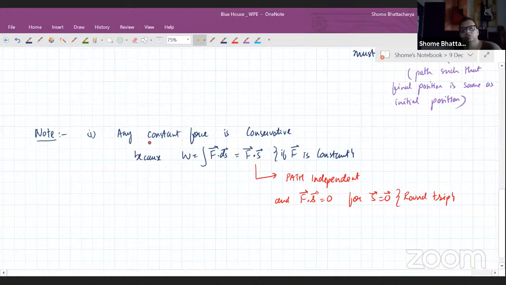So any and every constant force by definition is conservative.